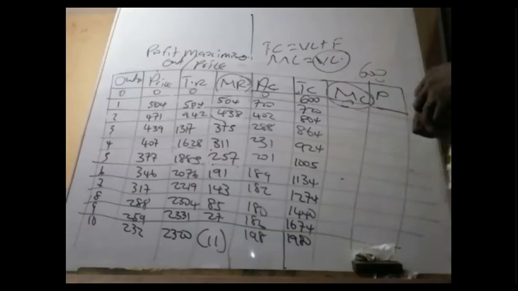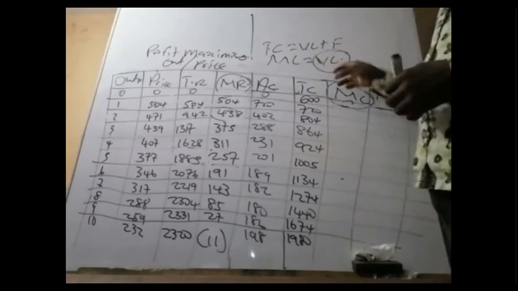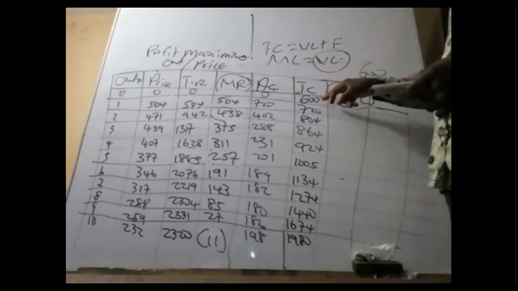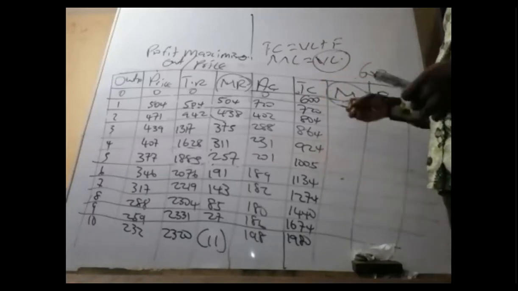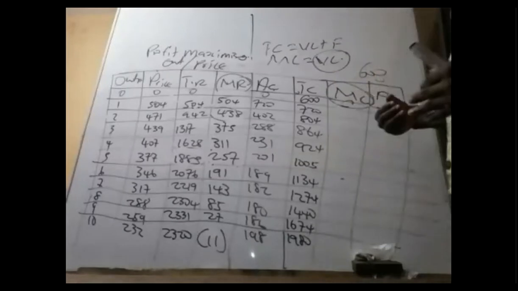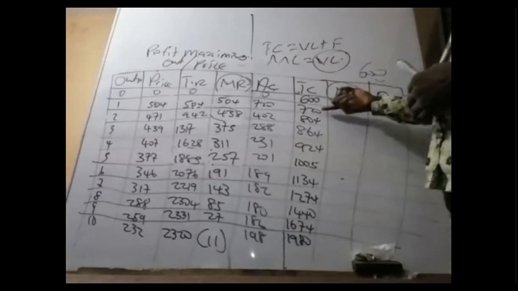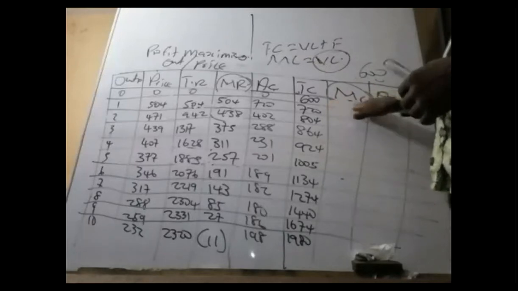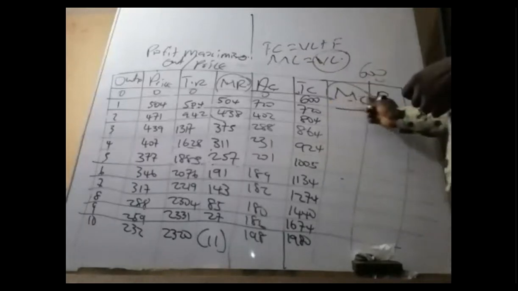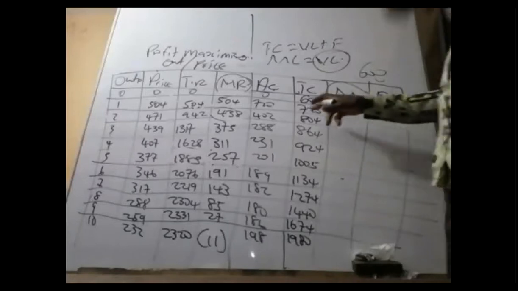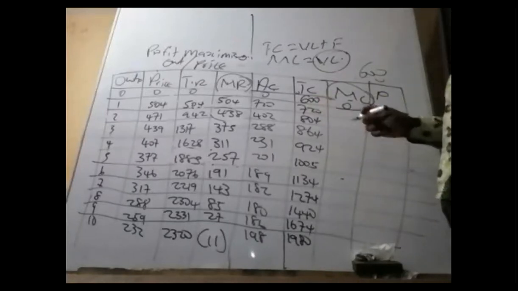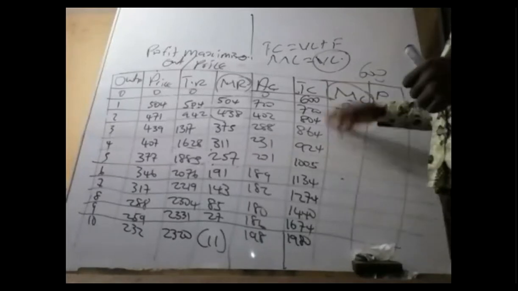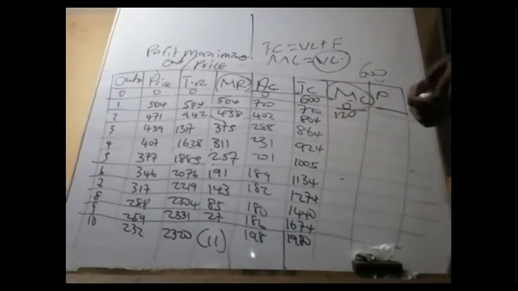The marginal cost is the same as variable cost. So if the total cost is this, and we subtract the fixed cost from the total cost, it must give us the same answer as the marginal cost. So here the marginal cost will be 0. So 720 minus 600 will give us 120.